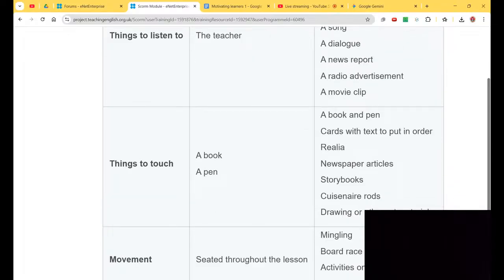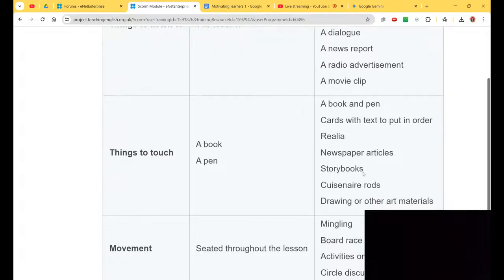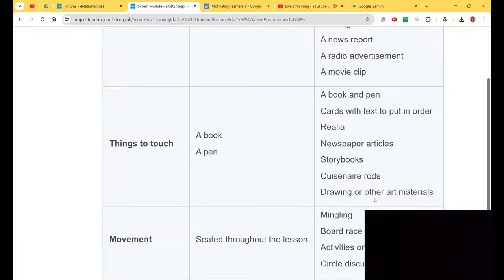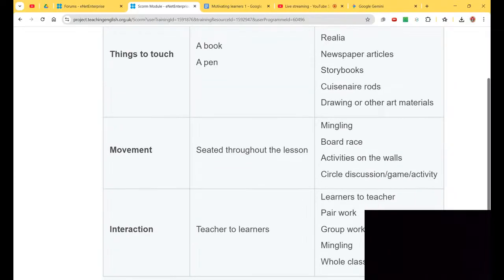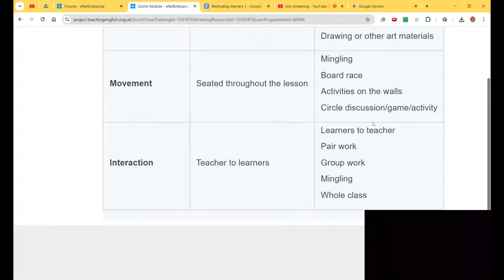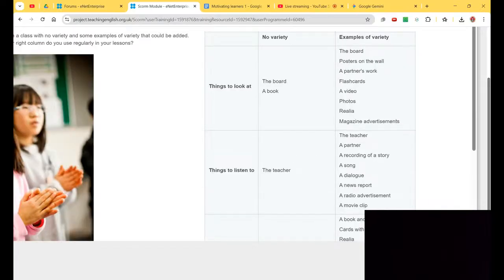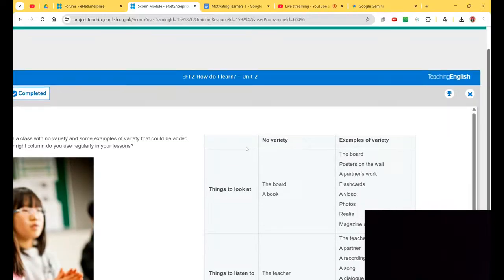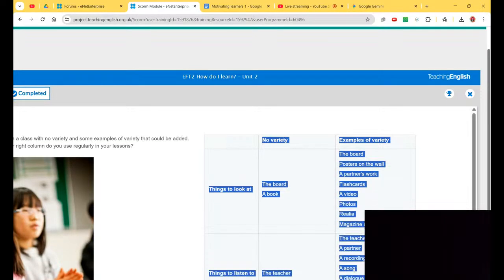Things to touch: a book and pen, a card with places to put in order, a newspaper article, a storybook, drawing, or other materials. Movement: mingling, board race, activities on the wall, circle discussion, game activity. Interaction: learners to teachers, favorite group, whole class.